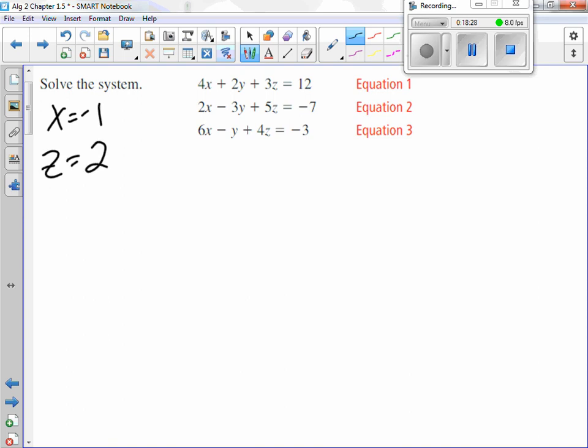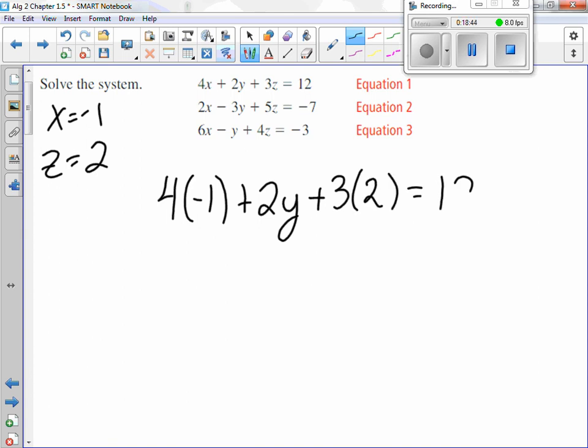You have 3 options. Pick one of them. Yep. The top one. So 4x. So instead of 4x, we have 4 times negative 1 plus 2y plus 3 times 2. Well, 4 times negative 1 is? 3 times 2 is?